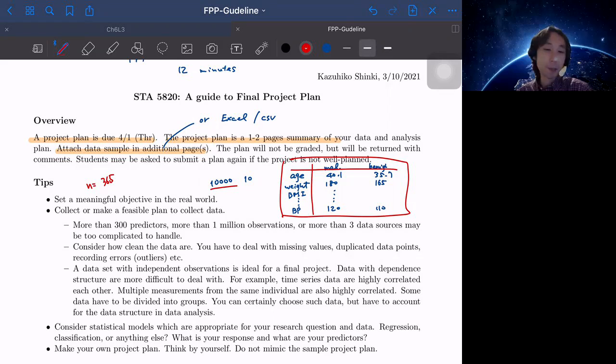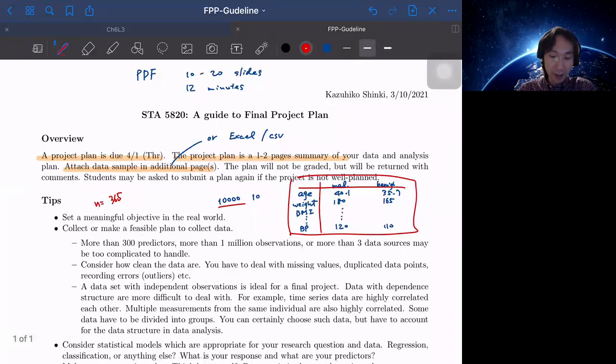So like the daily temperature data, we have 365 observations. Suppose you are thinking about someone's blood pressure and the daily temperature. Blood pressure and the daily temperature are somewhat related, and you have data for 365 days.